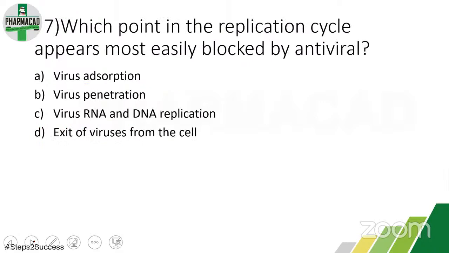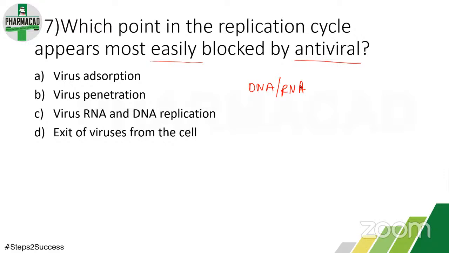The next question: which point in the replication cycle is most easily blocked by antivirals? Nucleic acid replication, meaning the replication of DNA as well as RNA, is easily blocked by any antiviral compound.